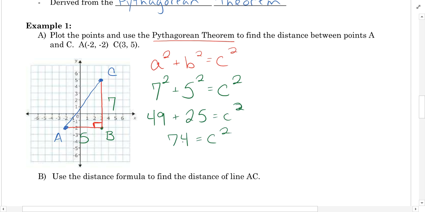And so to find just the value of C, or the value of the hypotenuse, remember that I do need to then take the square root of both sides, which would give me C is equal to approximately 8.6. So the distance between A and C is 8.6. And again, that's approximately. I should be using my approximately symbols.